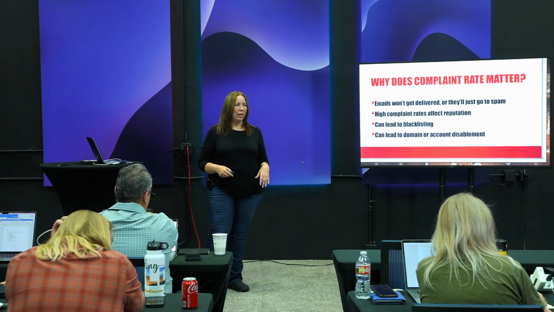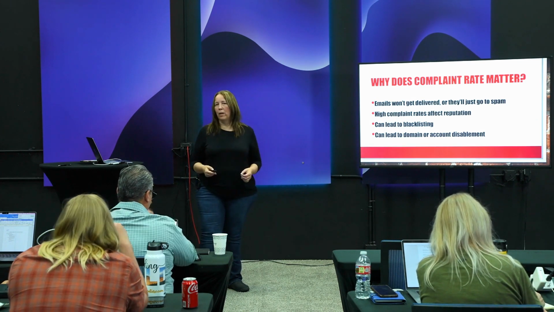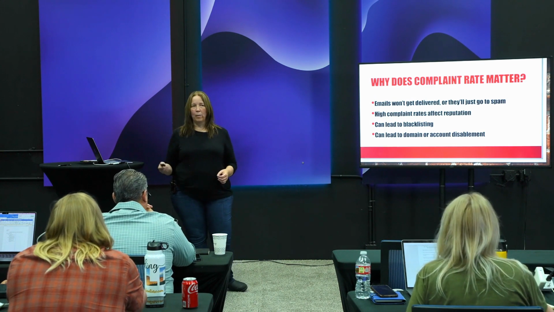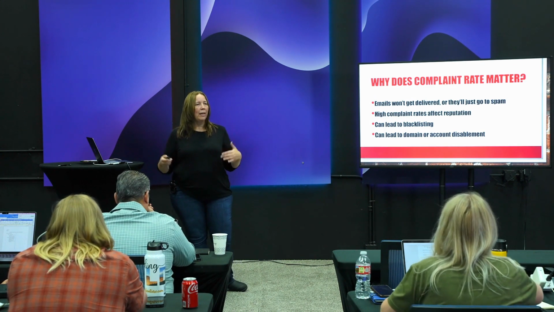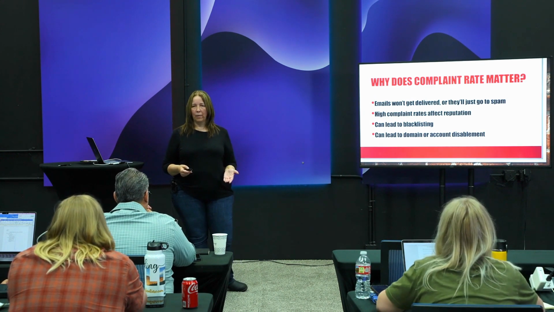SendGrid, Amazon SES, even your email software like ActiveCampaign or MailChimp, if your complaint rates are too high, they can actually just disable the account. And there's not a lot of conversation about it when that happens, by the way. It's not like they reach out to you and say, hey, I noticed this is happening. We'd love to help you with it. So here are some things that you could do to make this better, and we'll give you a little time to work that out. They don't do that.